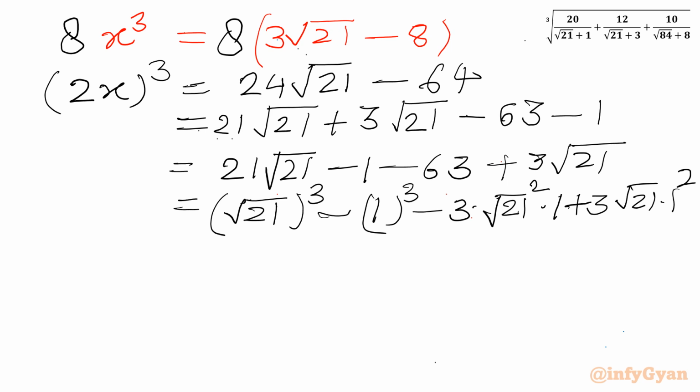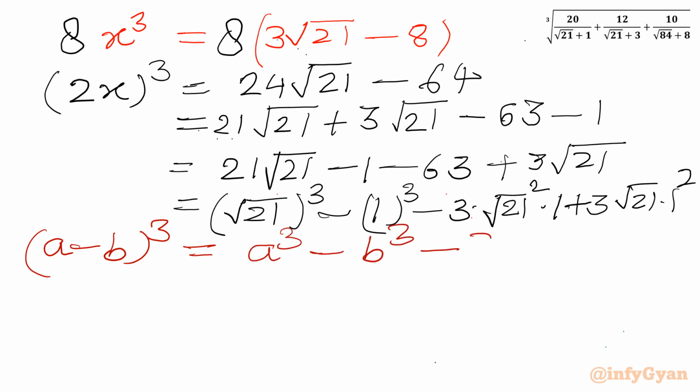Now I can use the a minus b whole cube formula, as we are getting the RHS in the form of a cube minus b cube minus 3a square b plus 3ab square.